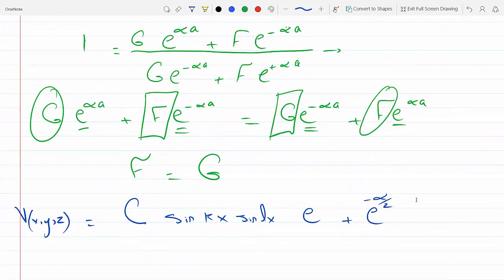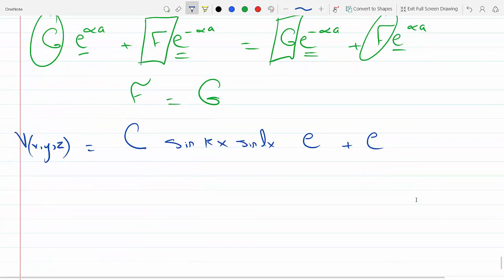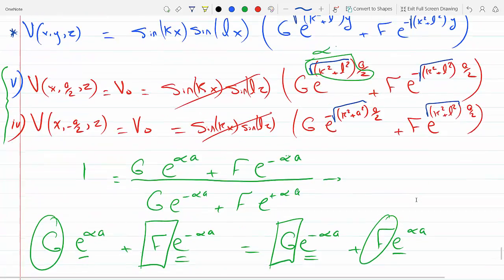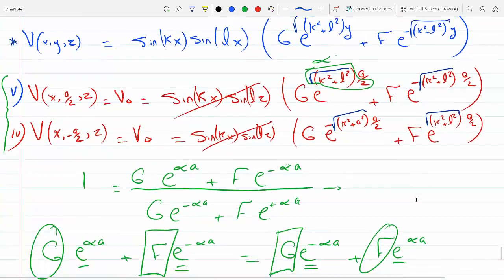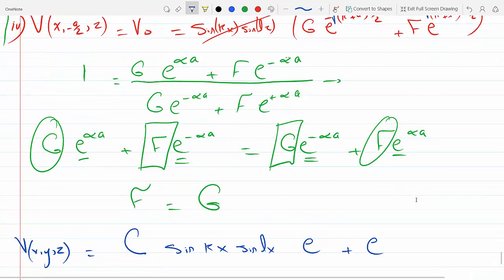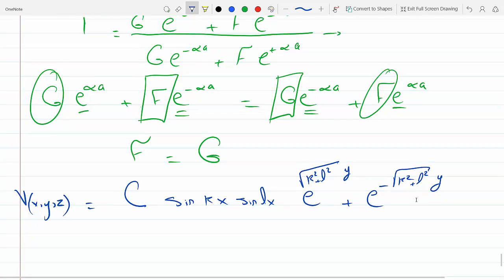So minus e to the square root of k squared plus l squared, y, where the y is outside the root, and minus the square root of k squared plus l squared, y.